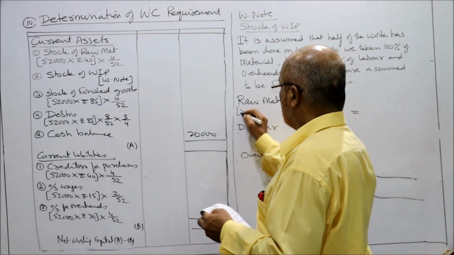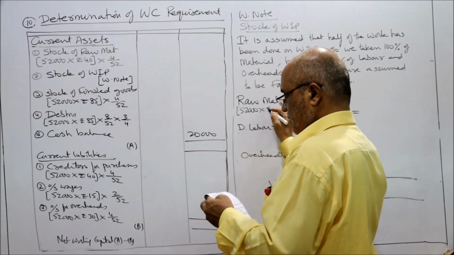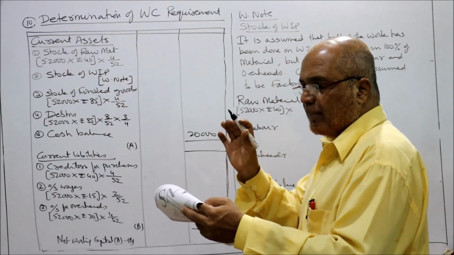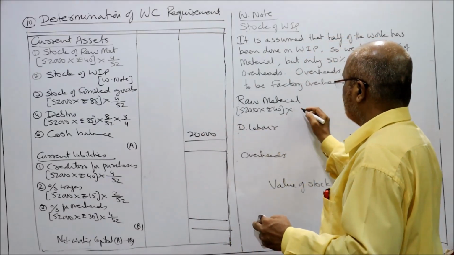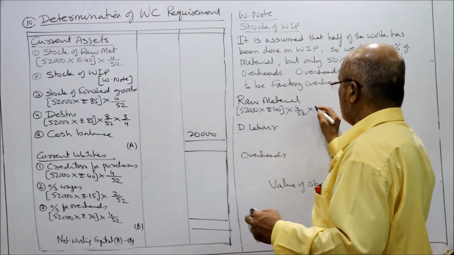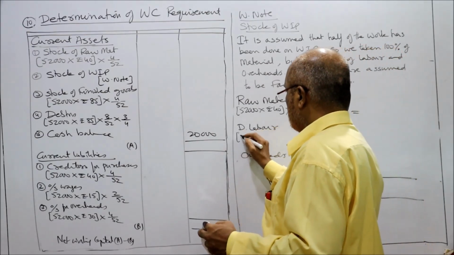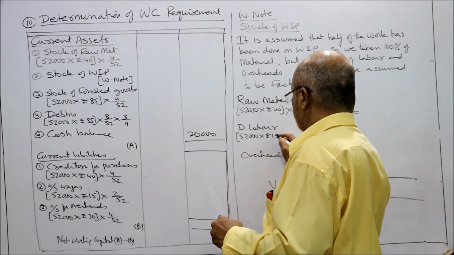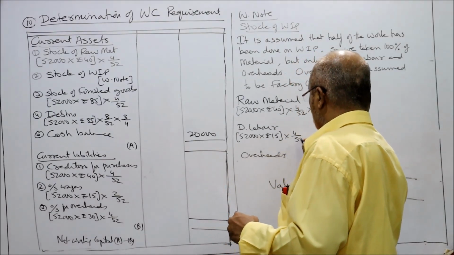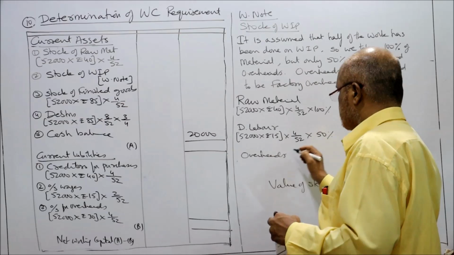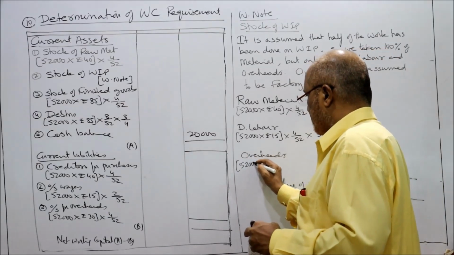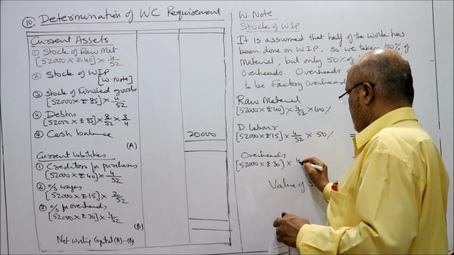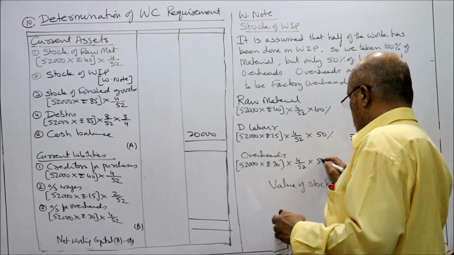So 52,000 units into rupees 40 into 4 by 52 into 100%. Here 52,000 into rupees 15 into 4 by 52 into 50%. 52,000 units into rupees 30 into 4 by 52 into 50%.